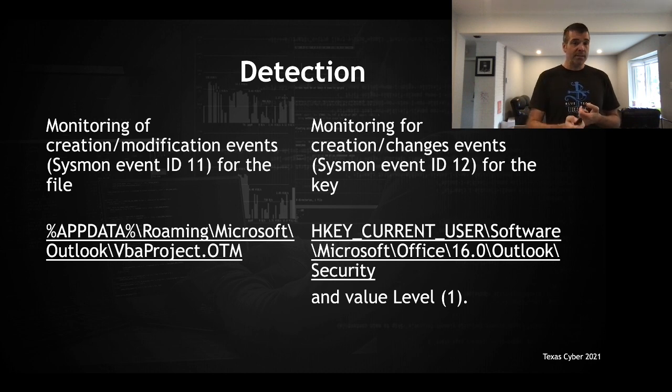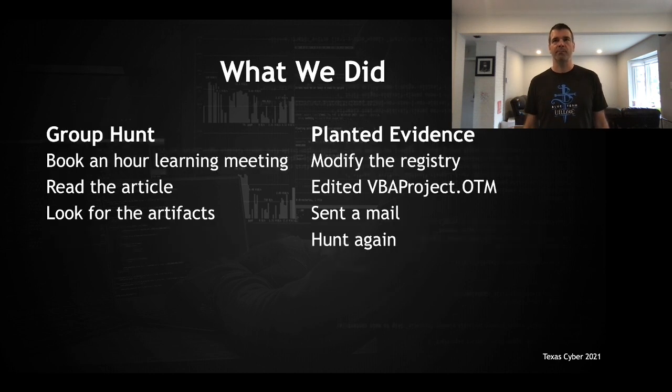If you don't have Sysmon, here are the Sysmon IDs, but if you don't have Sysmon, you can still detect those things with any good EDR or with the Windows event log system. So there's nothing really forcing you to have Sysmon for this specific detection.